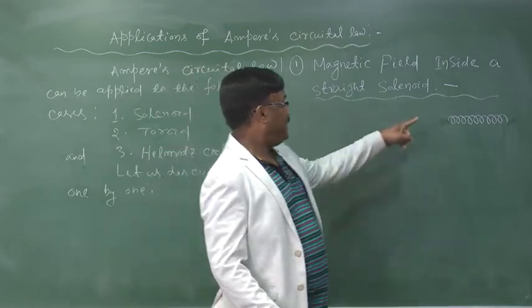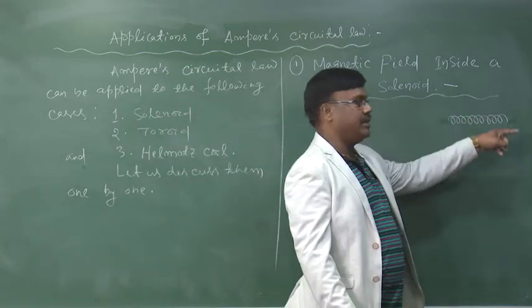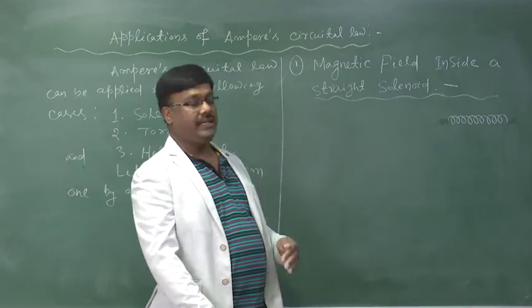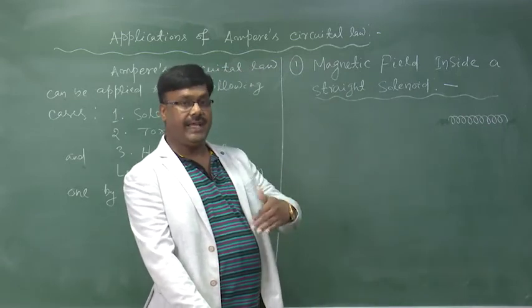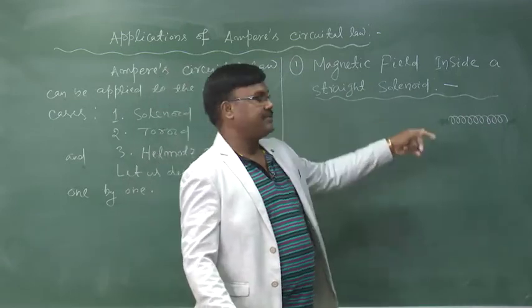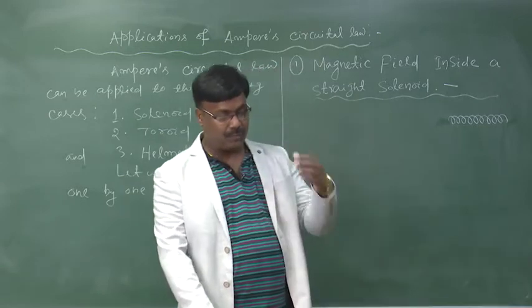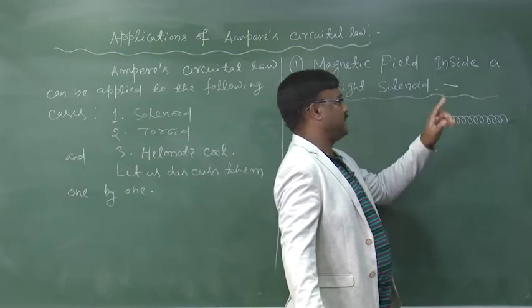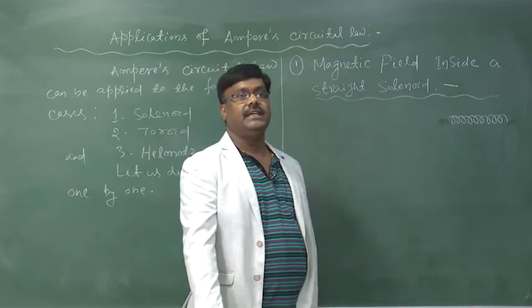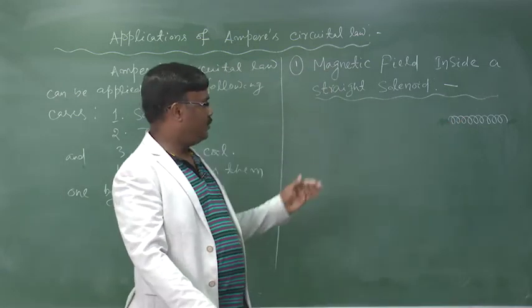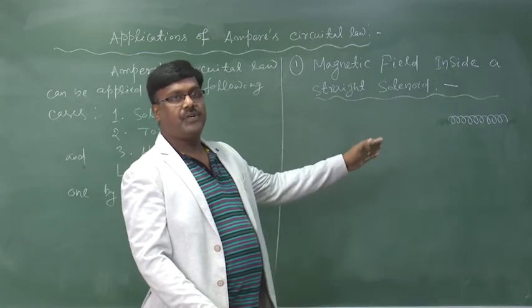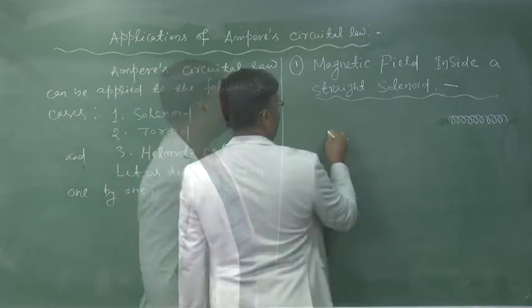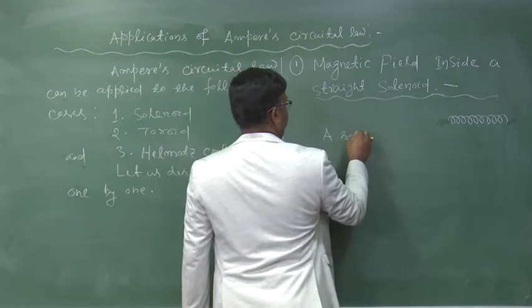And if a current flows through the solenoid, then a magnetic field is established around it. And we have to find out the magnitude of the magnetic field strength at a point inside the solenoid using Ampere's circuital law.